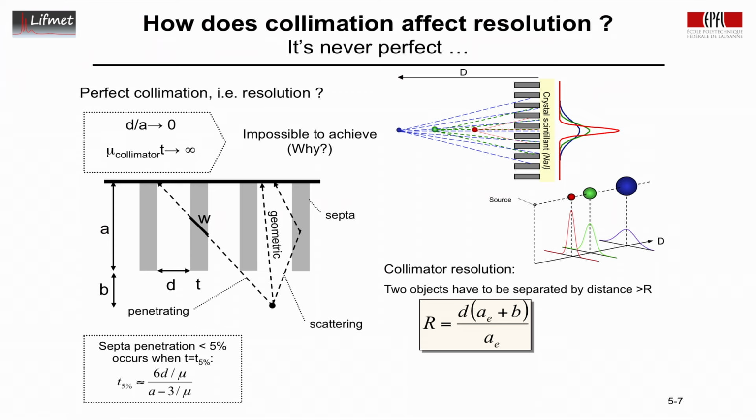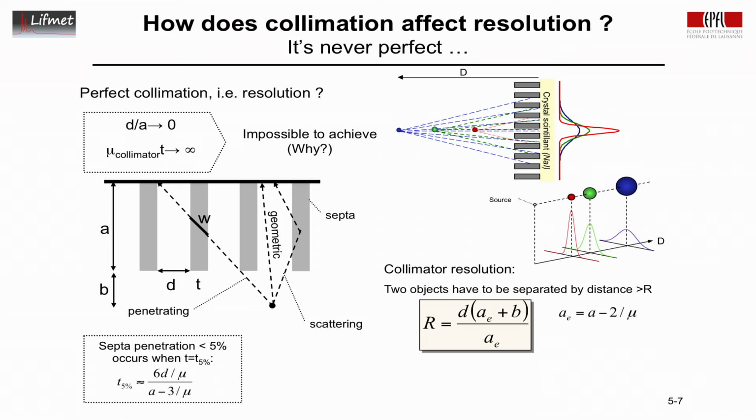Now, what is this story about the AE? Why don't I just put the A, the length of the collimator? Well, AE is the length of the collimator corrected for the fact that the septa will not perfectly absorb the X-rays, so it is an effective length. It's the geometric length, the true physical length, minus 2 over the linear attenuation coefficient mu.